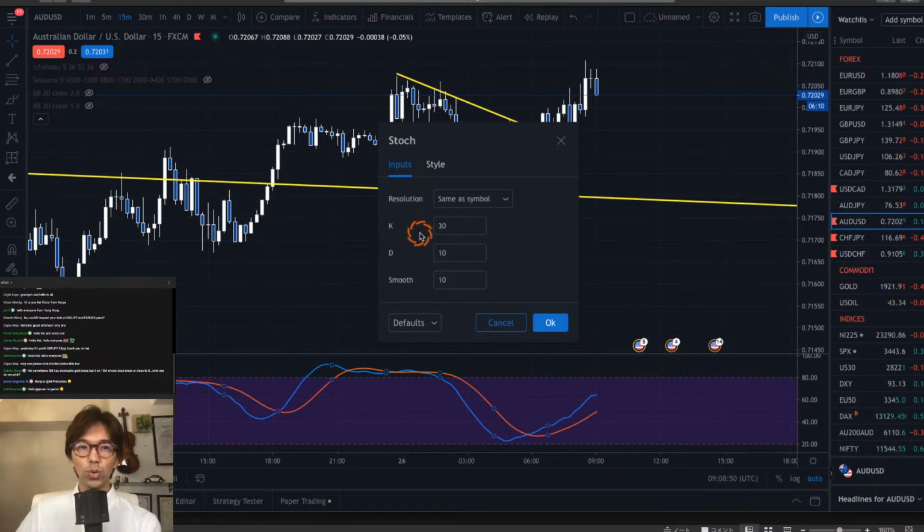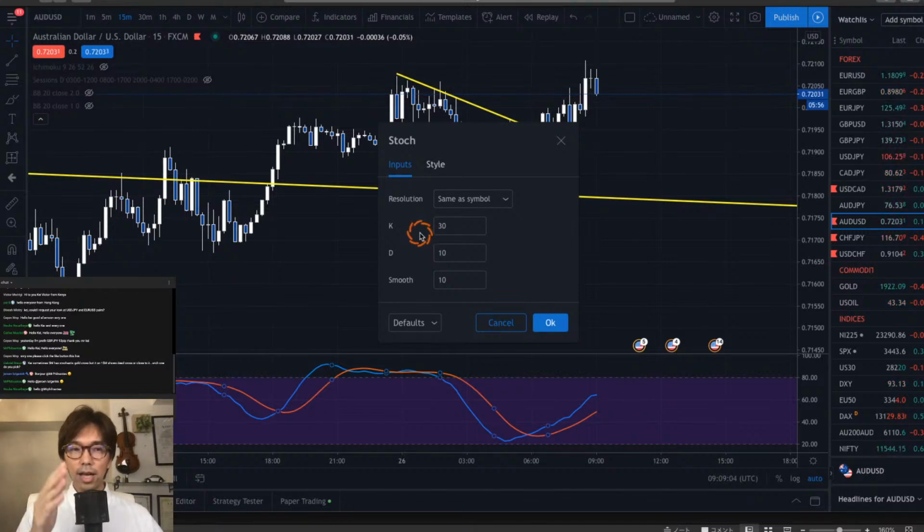I was switching many setups like 5-3-3 or 10-7-7 or many others, but once I set 30-10-10, then I can capture a nice uptrend or nice trading edges based on my own strategy, and that's why I set this as 30-10-10, and it's been working great for me. So this is the setting that I use.